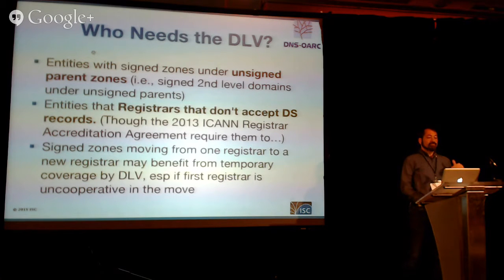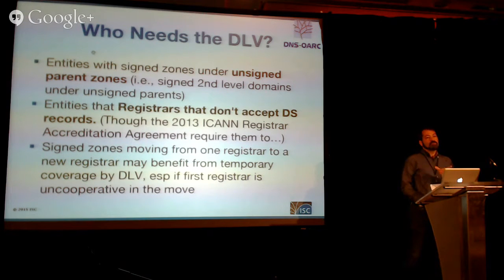The current need for DLV is specifically just for those people who don't have a parent that is signed. If your parent is signed and your registrar will accept DS records, then you're good to go. The number of unsigned parent zones is going down dramatically, and the registrars that don't accept DS records are low and getting lower, because the 2013 ICANN Registrar Accreditation Agreement requires that they accept it.